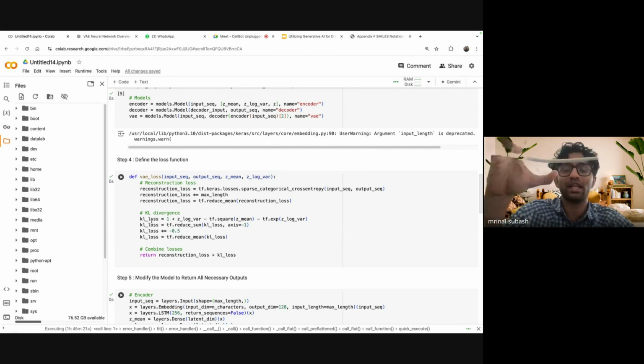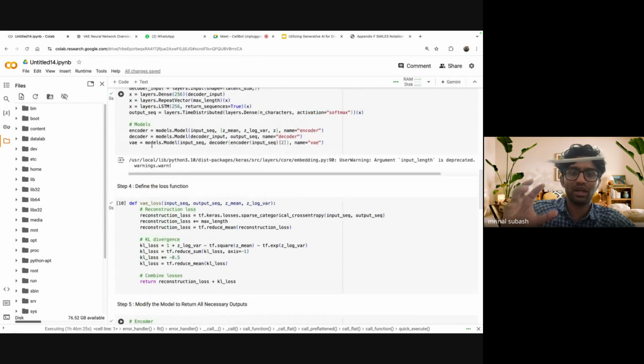Once you extract the features through the encoder, it is passed to the latent space, and from the latent space it goes through categorical cross entropy and reduces.